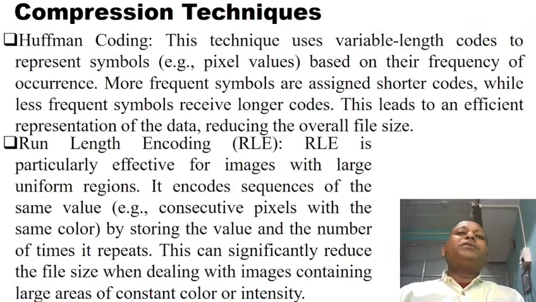Now, these compression techniques. First, Huffman coding. This technique uses variable length codes to represent symbols, maybe pixel values. Based on the frequency of occurrence of the symbols, more frequently used symbols are assigned shorter codes, while less frequent symbols receive longer codes.